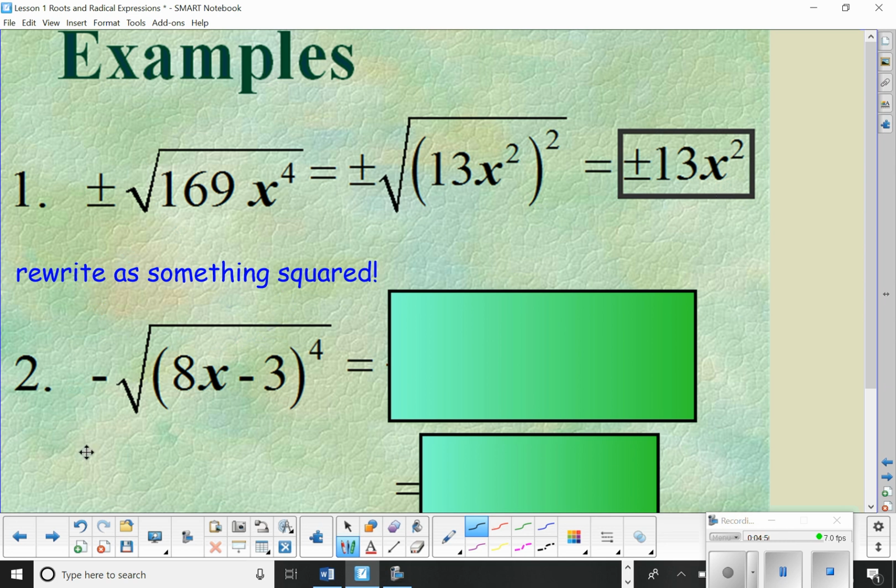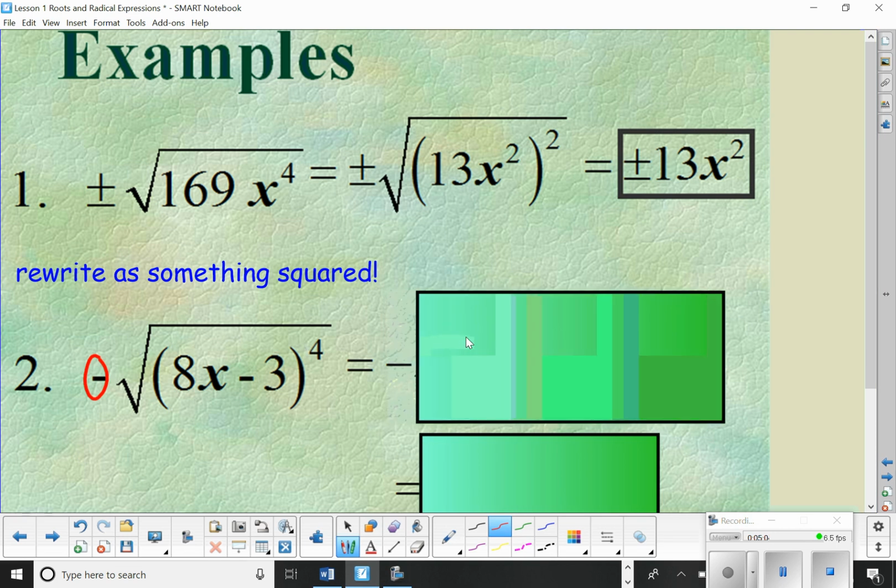Now, for this next one, notice I have a negative out front. So now I know that my answer is going to be the negative root. But I have 8x minus 3 raised to the 4th power. Please don't multiply this out. Okay? Think about it like this.